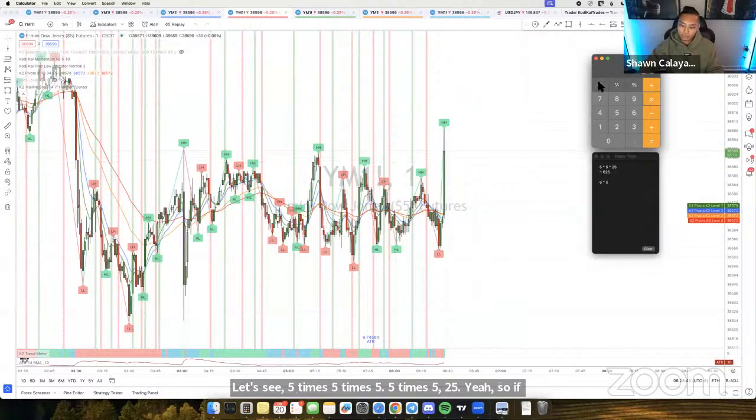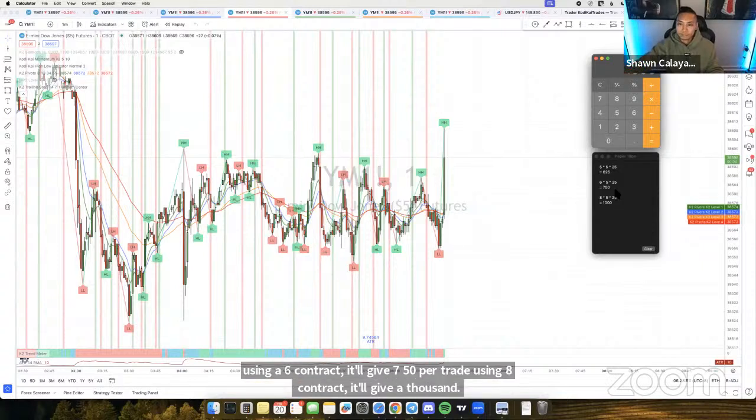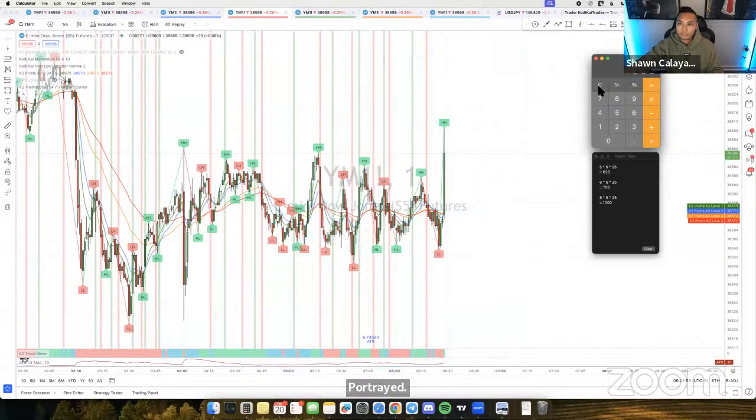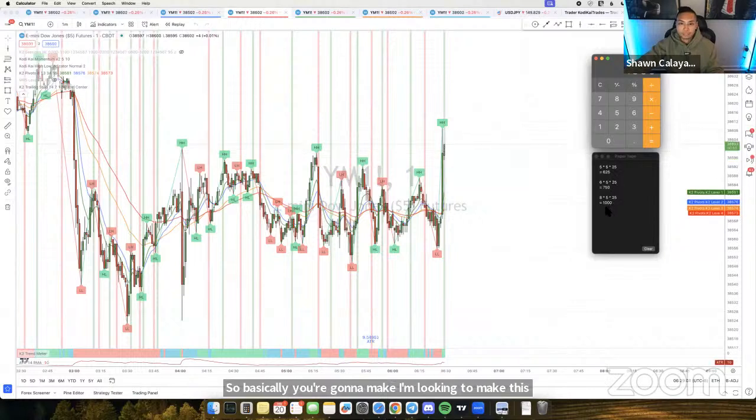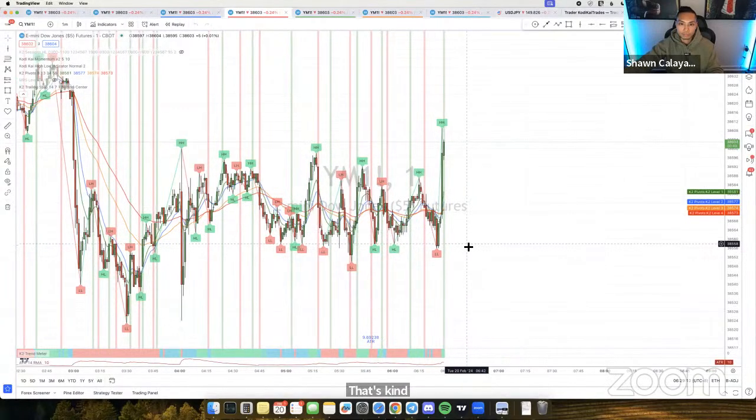If you're using a 6 contract, it'll give 750 per trade. Using an 8 contract, it'll give 1,000 per trade. So basically I'm looking to make this much profit when using these contract sizes, or break even. That's kind of what I'm aiming for. So it's just up to your preference, guys.